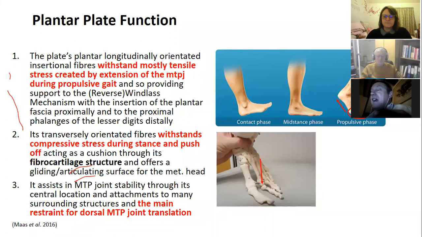Okay, and so in many ways, I think it can be called a ligament, and this is why it's often known as a plantar plate ligament, because it has very regularly arranged collagen fibers. So whilst the joint capsule around the MTPJ is quite random in many ways, the collagen, where it becomes thickened on the plantar surface into the plantar plate, those fibers become very regularly arranged to withstand these tensile stresses, and hence the name often given as a plantar plate ligament.